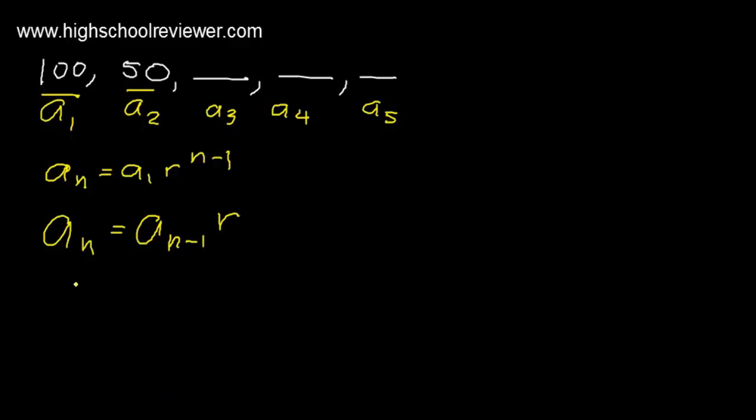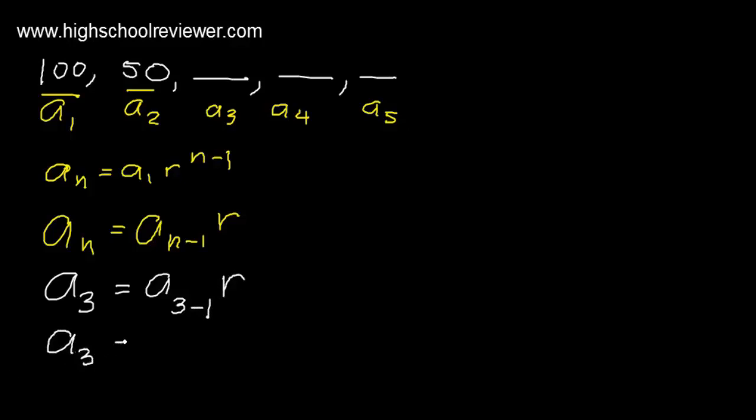Okay, so let's try this formula to find a sub 3. So a sub 3 would be equal to a sub 3 minus 1 multiplied by r.